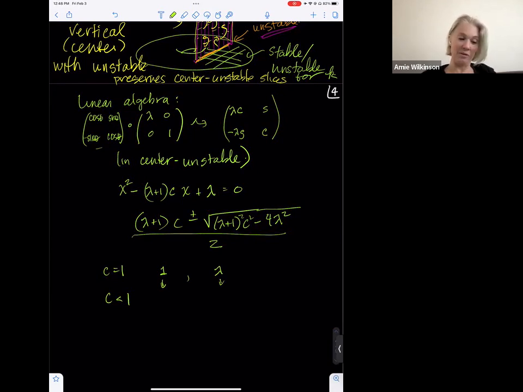When C is actually 0, the eigenvalues become imaginary. But when C is just close to 1, I believe this one goes up a little.